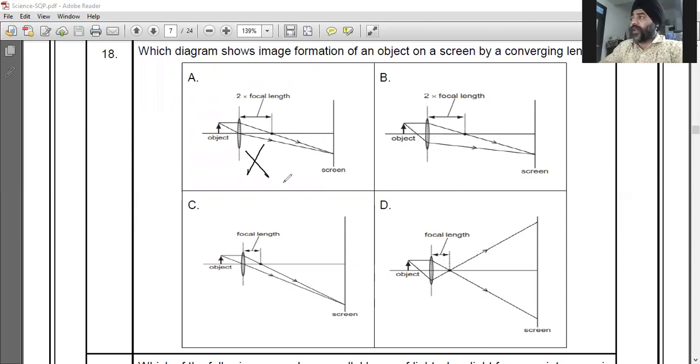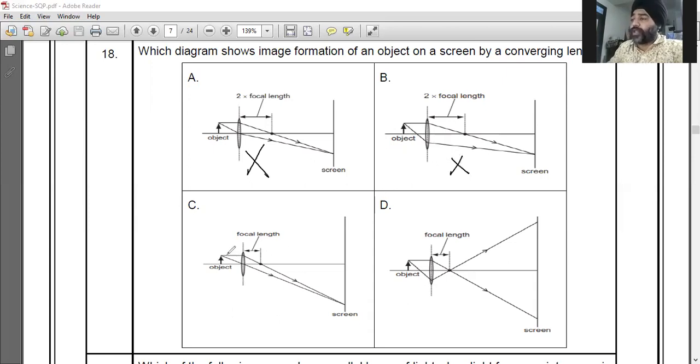So this option is incorrect. In the next one you can see the parallel ray is diverging like this, so we can say that it is correct. But the ray which is passing from here is not following the law. So this one is also incorrect.